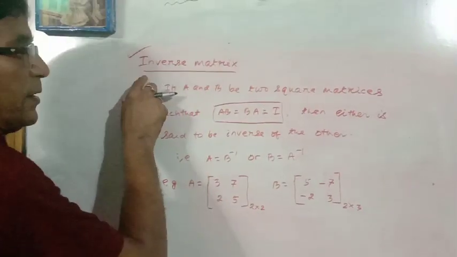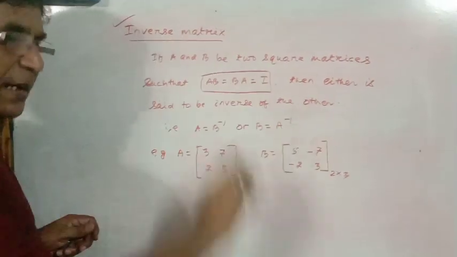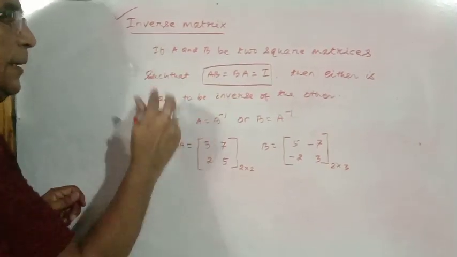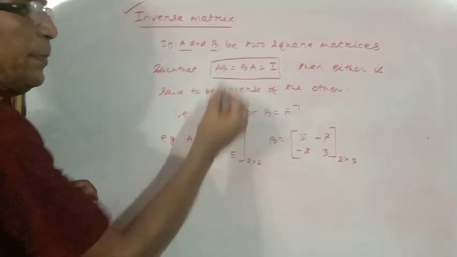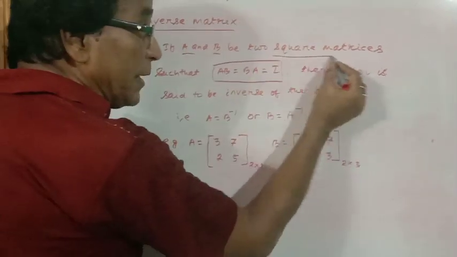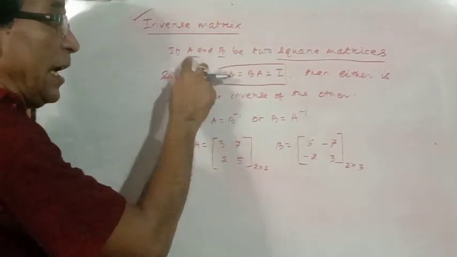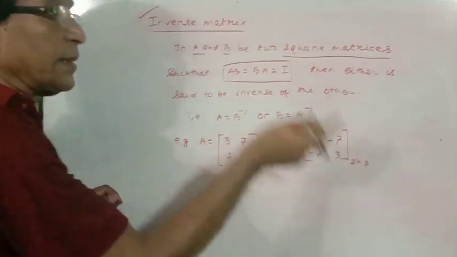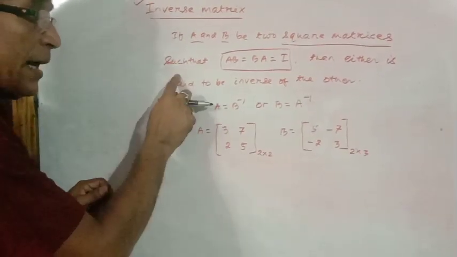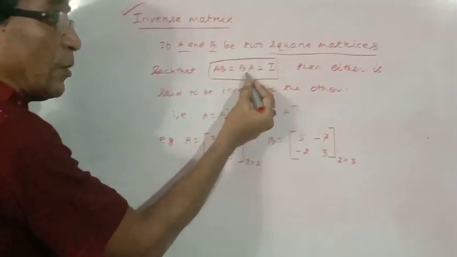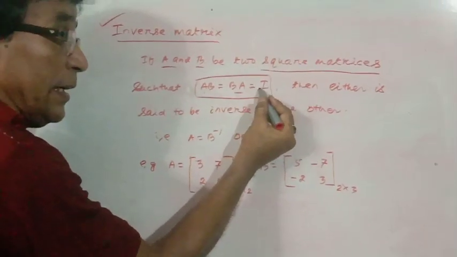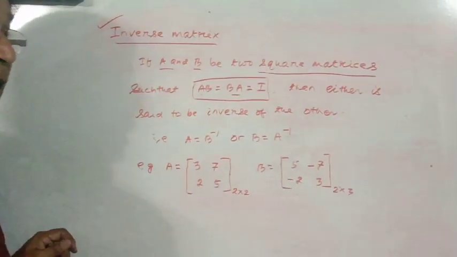So next we will consider what is an inverse matrix. Here you see that if A and B are two square matrices satisfying the condition such that AB is equal to BA is equal to the identity matrix.